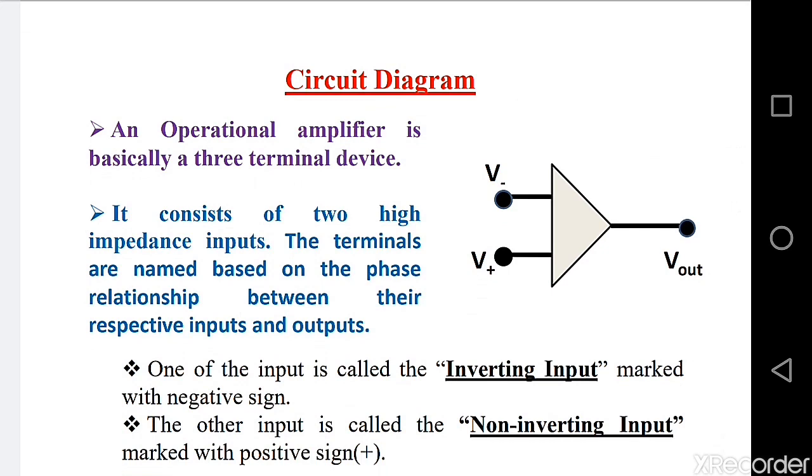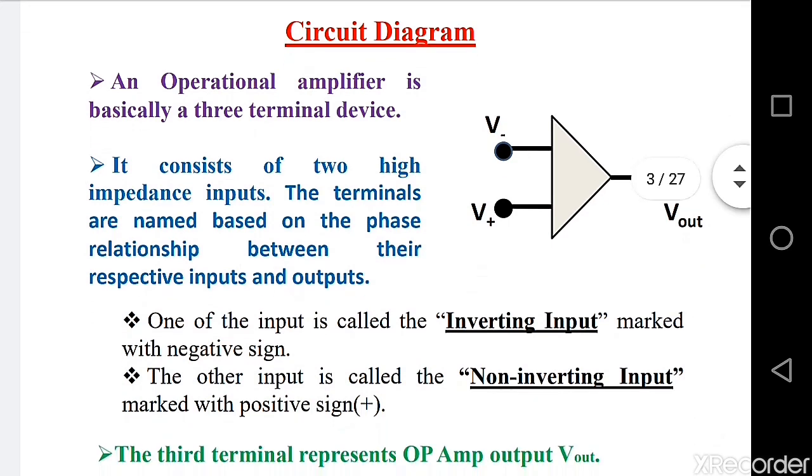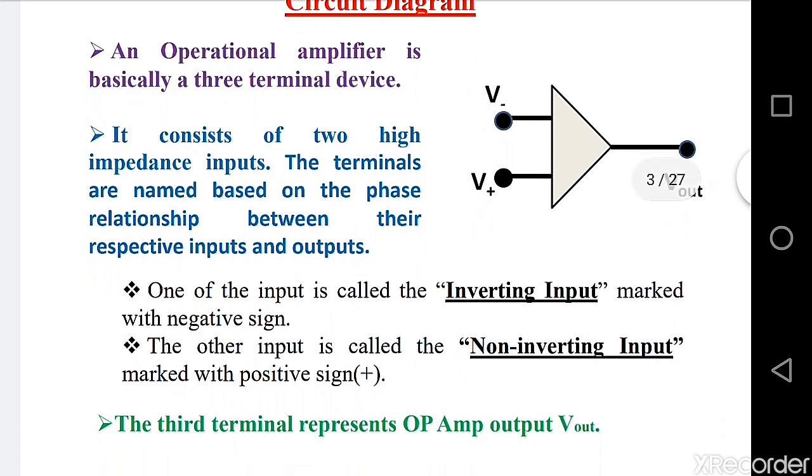An operational amplifier is basically a three terminal device: V minus, V plus and V out. It consists of two high impedance inputs, V minus and V plus, and one output terminal, V out.